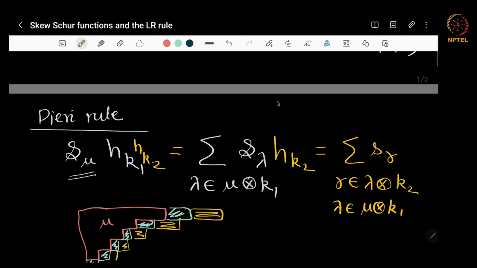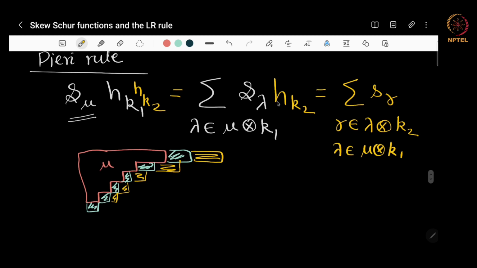Now if you go back and see how the Pieri rule finally worked out, there was no s_mu; we would have taken mu to be the empty partition in that case.